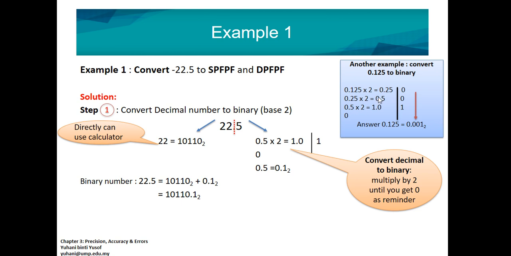The integer here is 0, so 0.5 minus 0 is still 0.5. You times by 2, you get 1, so the integer is 1, and 1 minus 1 is 0, so you need to stop. Your answer will be given as 001. The floating point decimal representation of 0.125 is actually equal to 0.001 base 2.